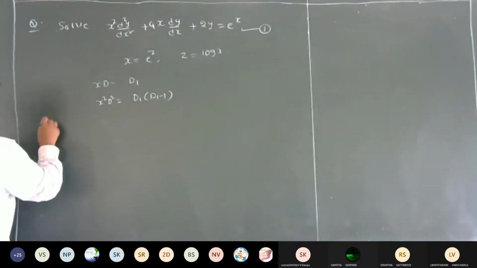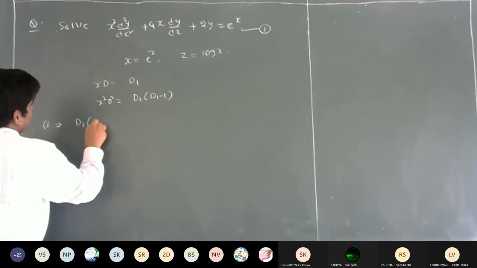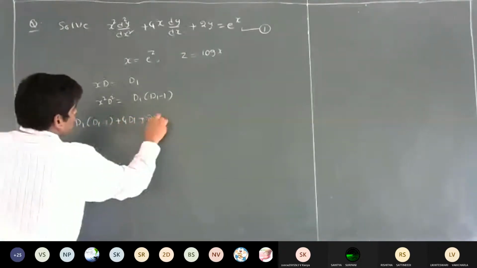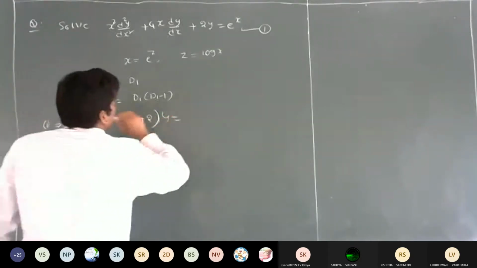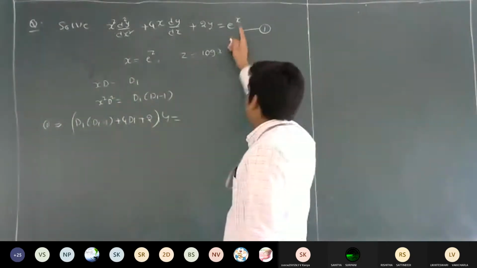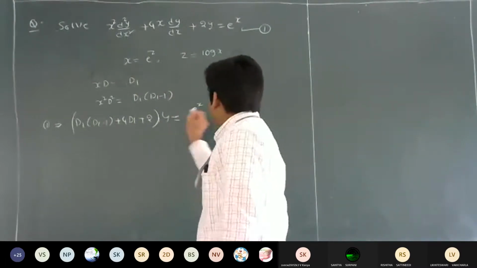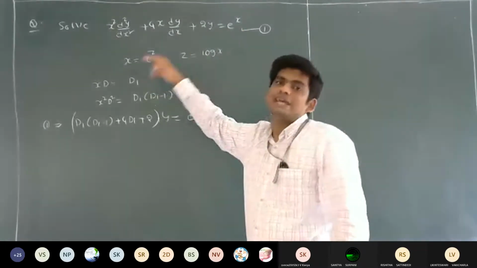So equation 1 becomes d1 into d1 minus 1 plus 4 d1 plus 2, into y, is equal to x, which is e power z, because in place of x you just replace e power z.